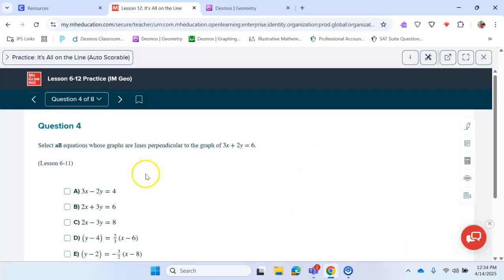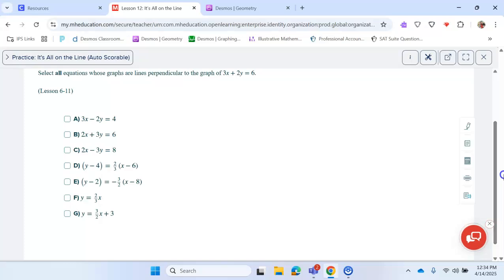Its opposite reciprocal would be 2/3. I see that this has a slope of 2/3. This has a slope of 2/3. And so I have to check these top three and see if they have a slope of 2/3.